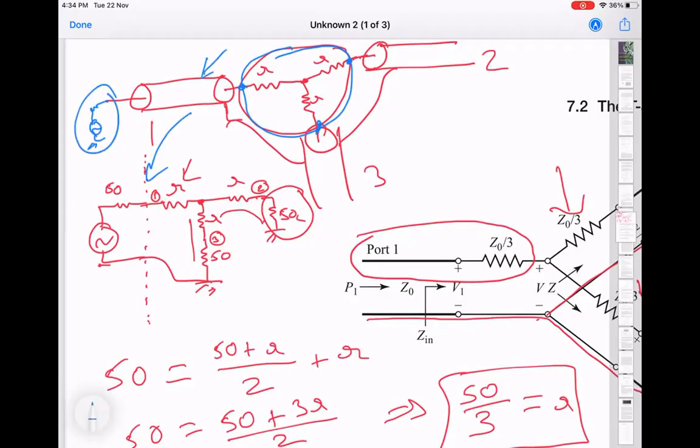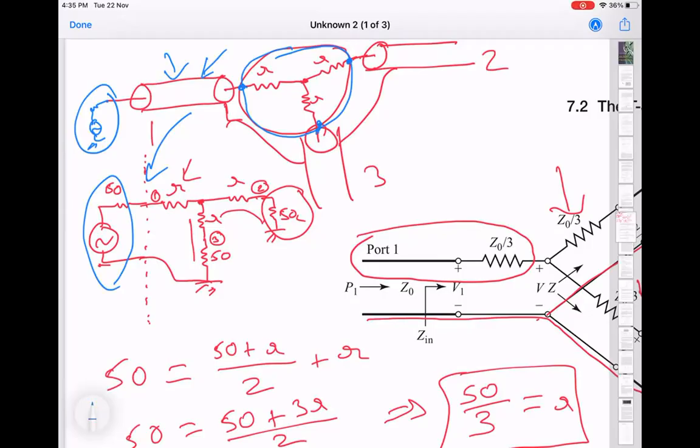This is a 50 ohm source, which is basically this part here. So these R's are at the end of these transmission lines, but inside the circuit divider, you have just these 3 resistors. So these are 3 physical resistors.